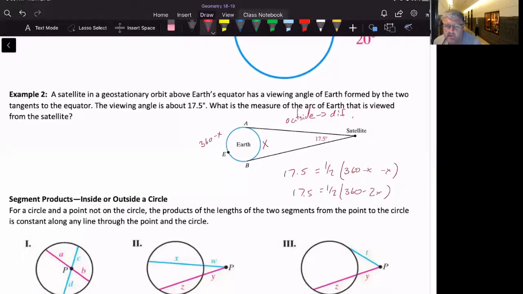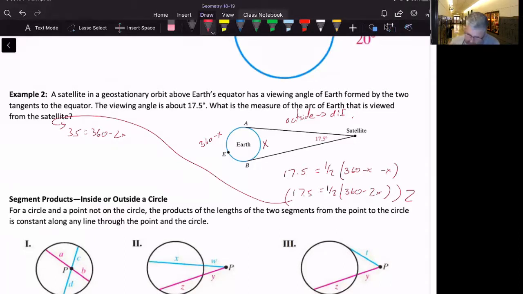I would multiply everything by 2 to get rid of the fraction. Let's move this over here. Multiply everything times 2, gets rid of that fraction and gets rid of your decimal over there. So 17.5 times 2 would be 35, which is going to equal 360 minus 2x.